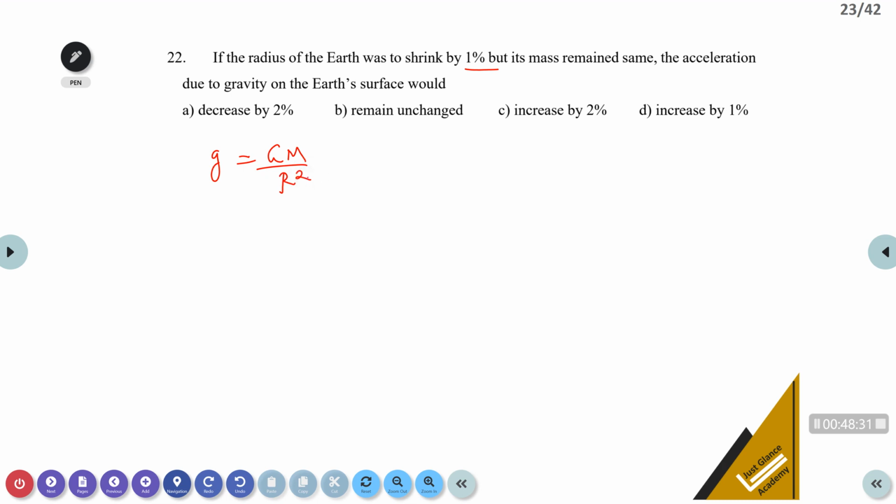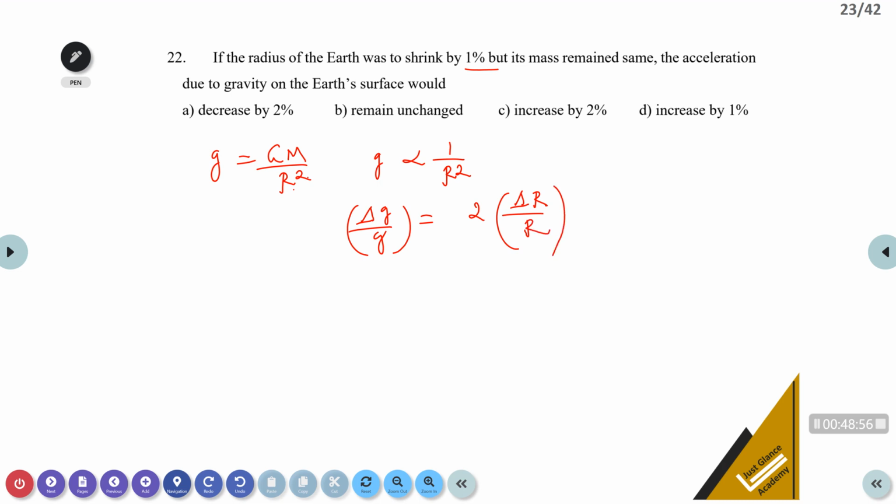Go to the units and dimension formula, percentage and all that. Here the mass remains the same, only R changes, so g is directly proportional to R squared inverse. We know that delta g by g equal to 2 into delta R by R.